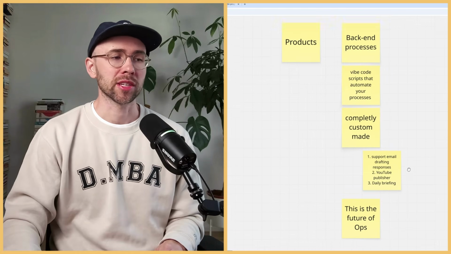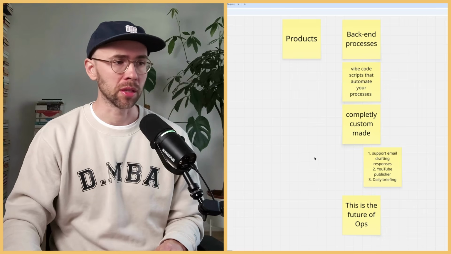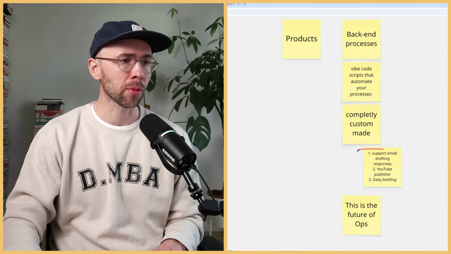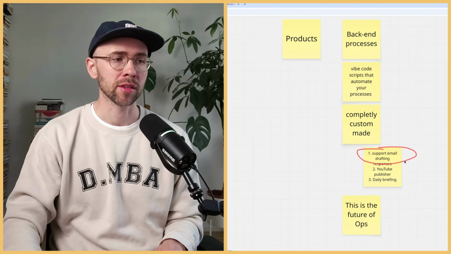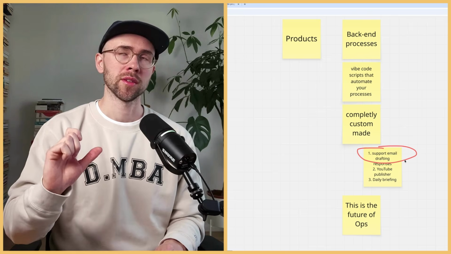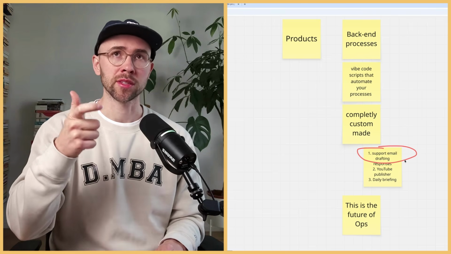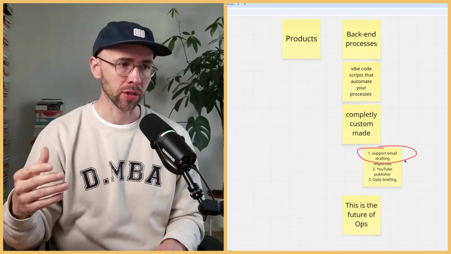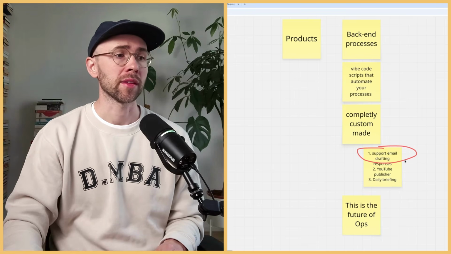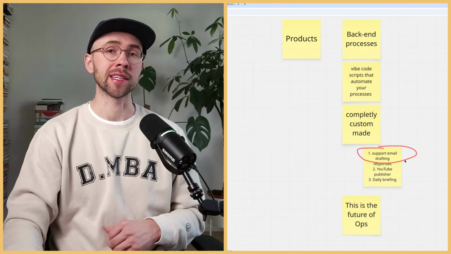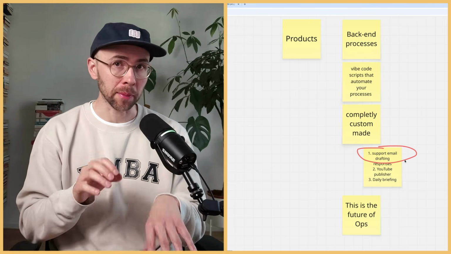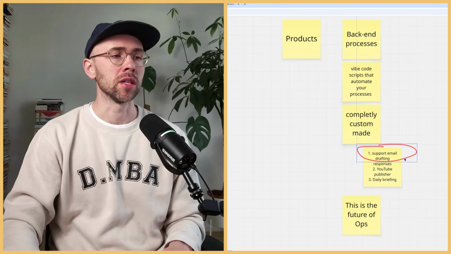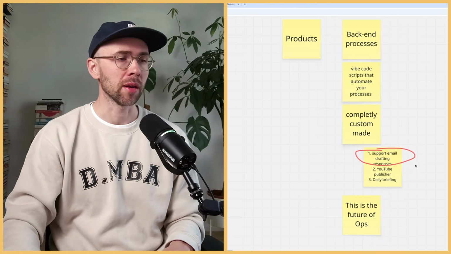And just to give you some other examples, what I'm building myself is the support email drafting. As I said before, I want to have an automation that drafts the support email requests. There's still going to be a person looking over those, but I think it's going to save us a lot of time if we can at least have drafts, so we're not typing everything from zero every time.